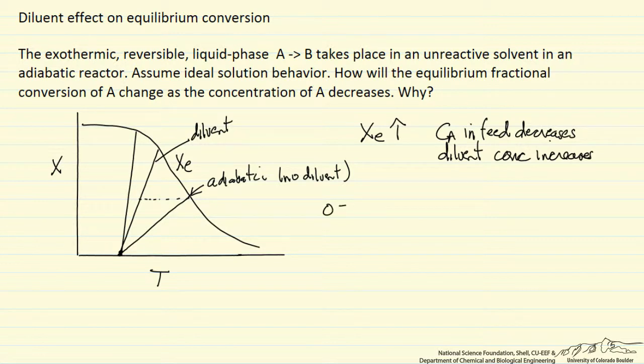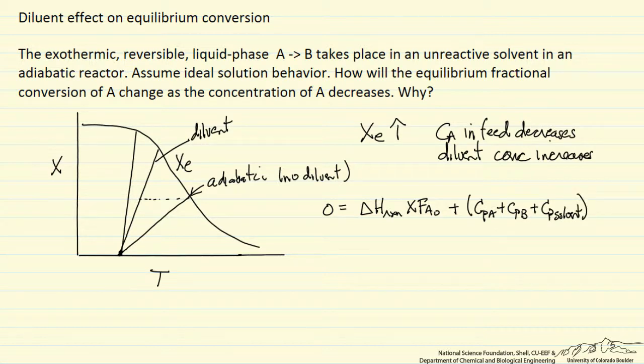If we say we're running a steady state flow reactor, the heat of reaction, and then the fraction of the feed that's converted, well, that's the term for reaction. And then we have the term for the heat capacities, the heat capacity of A, the heat capacity of B, and the heat capacity of our diluent, our solvent, our unreactive solvent, same thing.